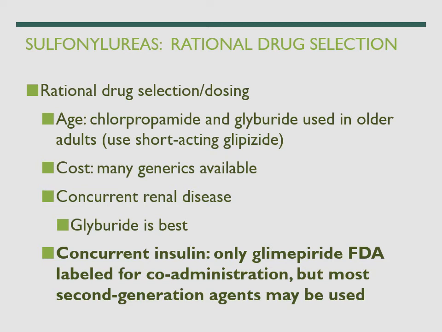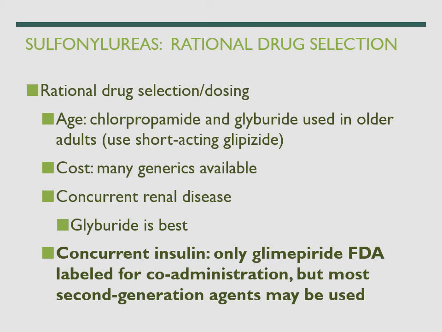Some things to consider are that cost, as I mentioned, is not an issue. So this is why we have many people on sulfonylureas when we may not have them on other oral antidiabetics that would work better. Although we have patients on multiple drug categories, including sulfonylureas, when that's necessary.